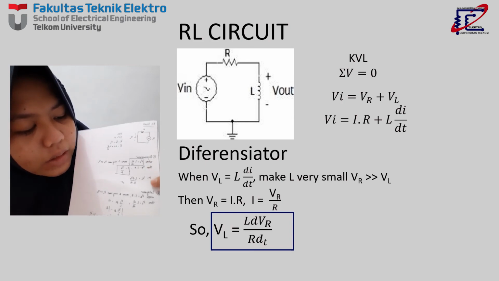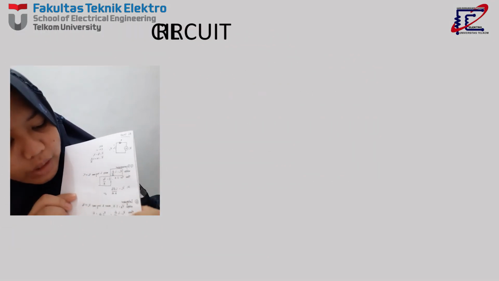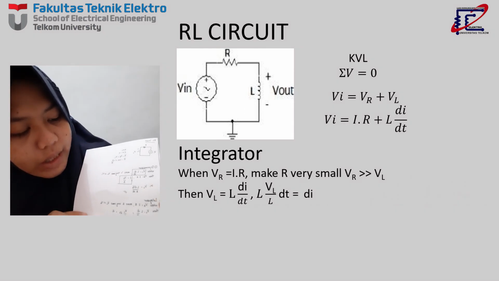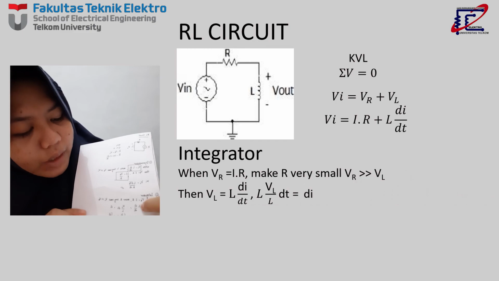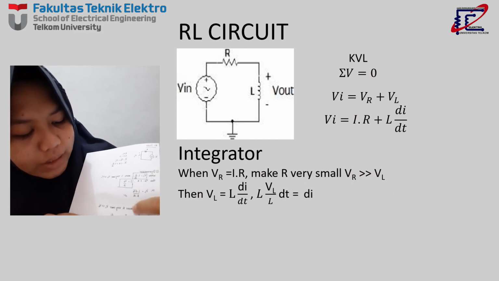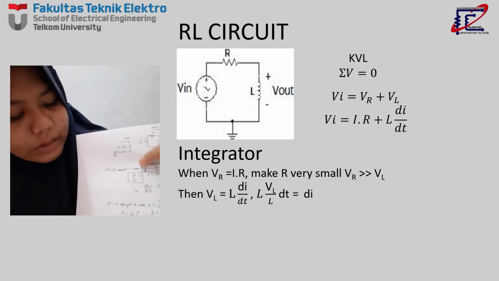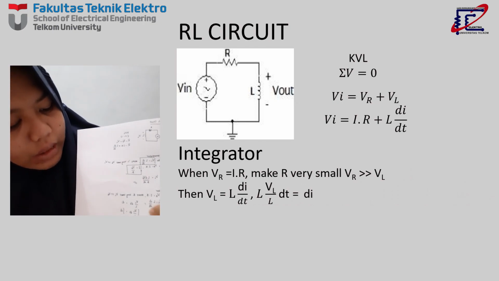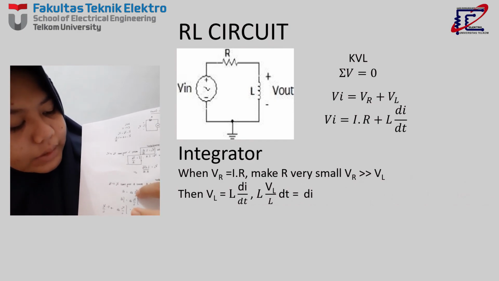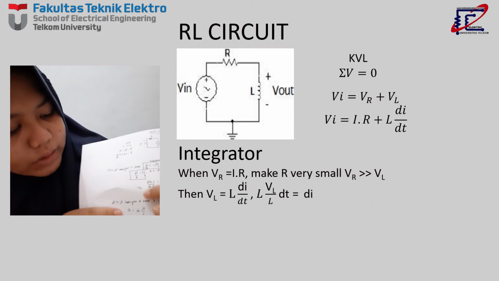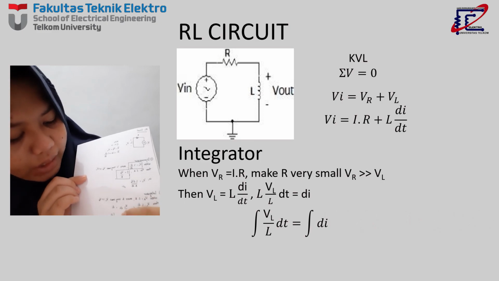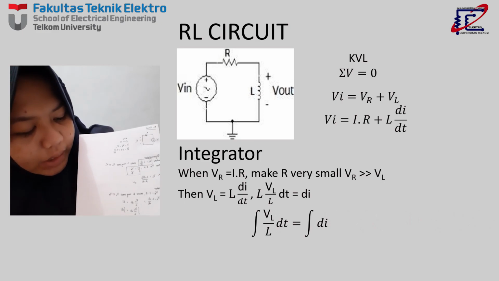Second, integrator. When VR equals I times R, then VL equals L times dI per dt, then VL per L dt equals dI, and the integral of VL per L dt equals the integral of dI.